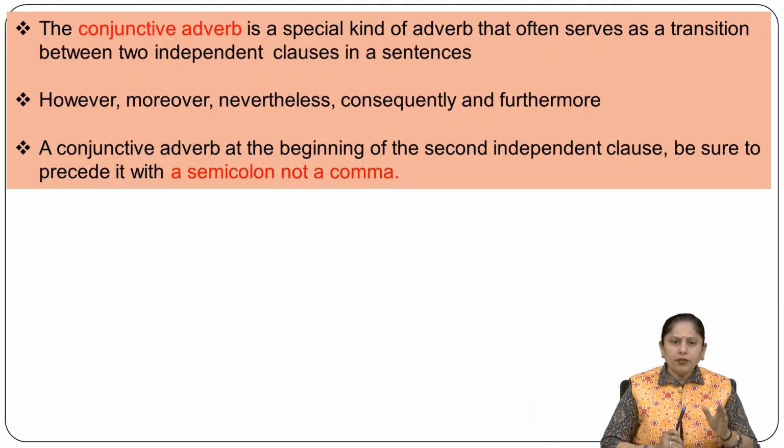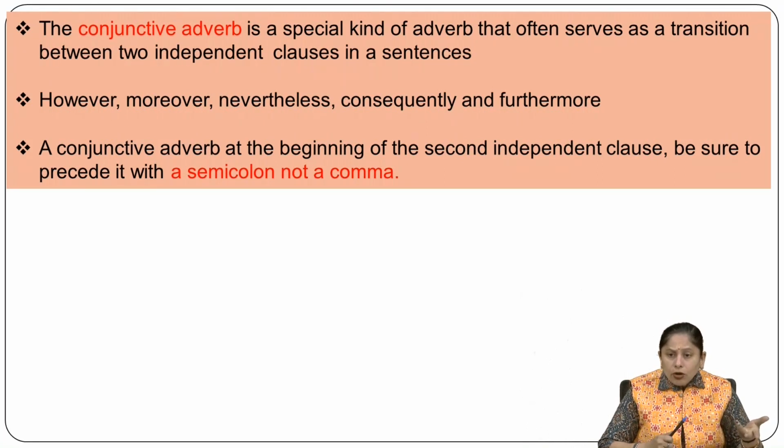They are however, moreover, nevertheless, consequently, and furthermore. These could be utilized in any kinds of sentences, and if there is a scene of adding the sentences, compilation of the sentences, combination of the sentences, then they could be utilized.